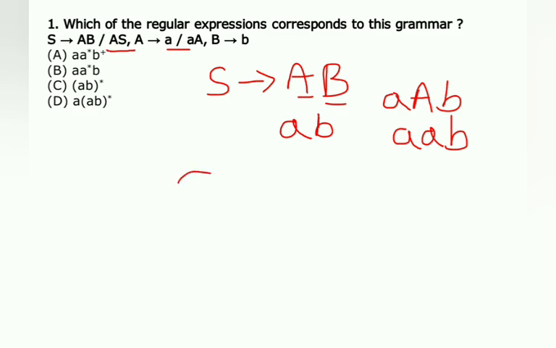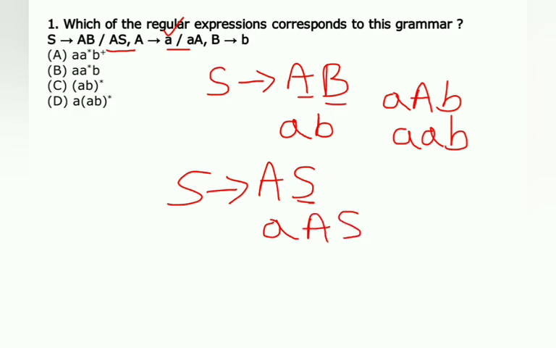Now we take another one. S tends to AS. What is the A value? We consider A as small a, and S as AS or AB. So we consider the AS, and substitute the A value and the S value. If you substitute the S value, that is AA, AB.